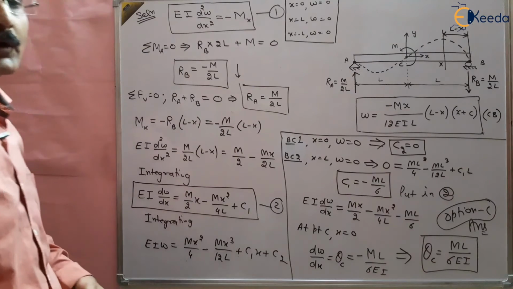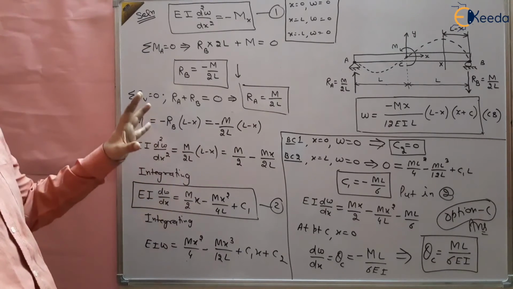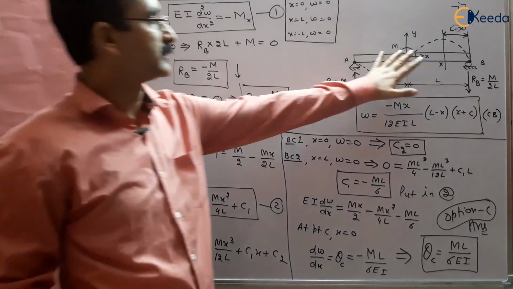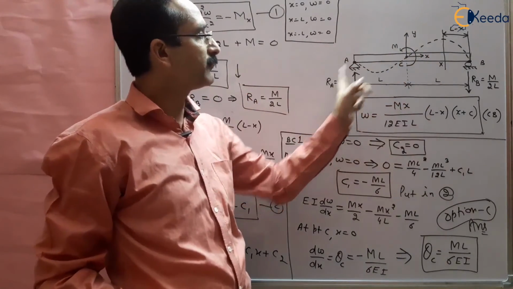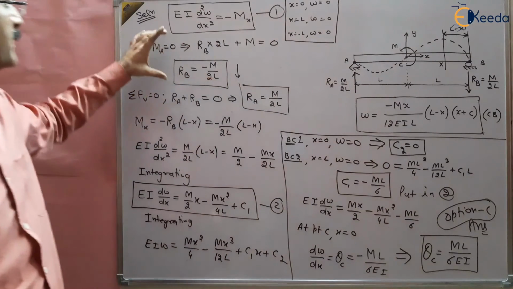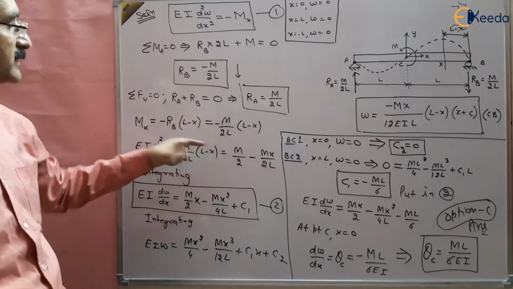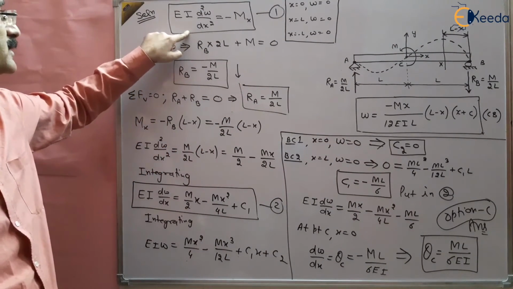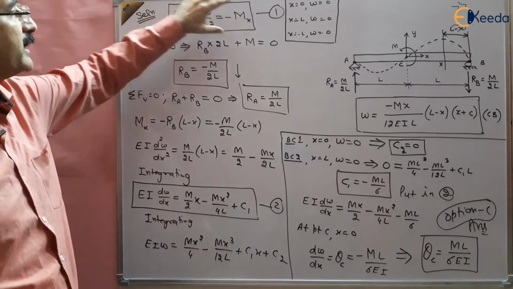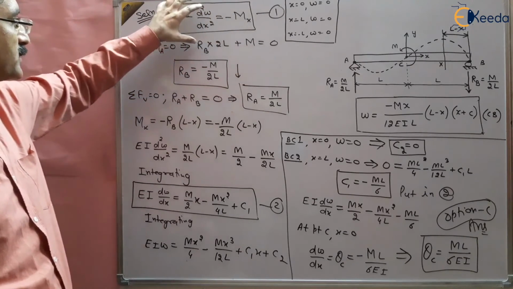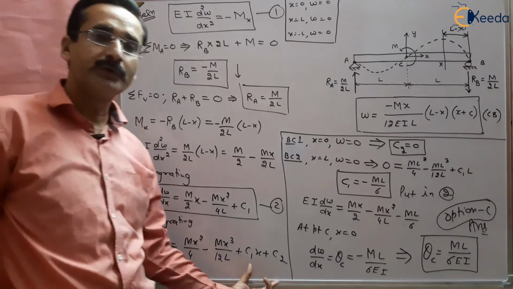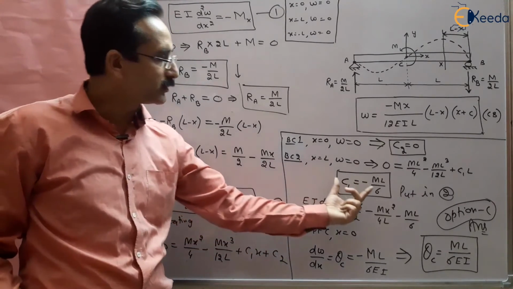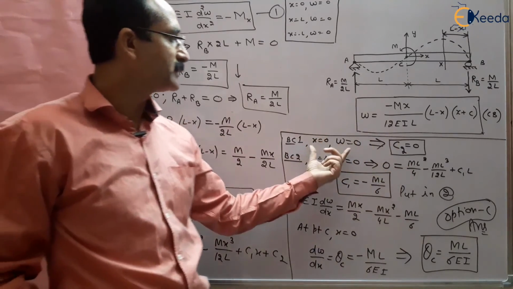So this is how we can obtain the slope at point C, right? We were given a simply supported beam with a moment. First we found the reactions. After finding the reactions, we utilized the deflection equation, EI d2y by dx square is equal to minus M. Integrating 2 times, we obtained two unknowns C1 and C2. These two unknowns are solved using two boundary conditions.